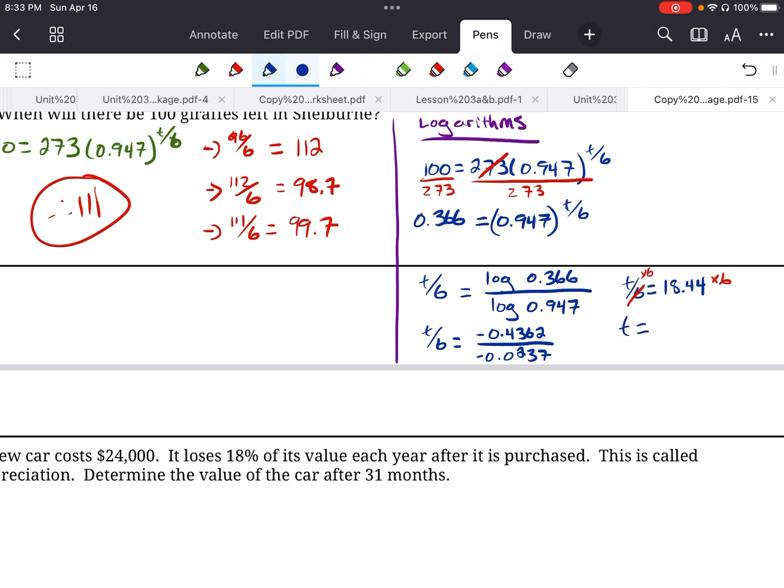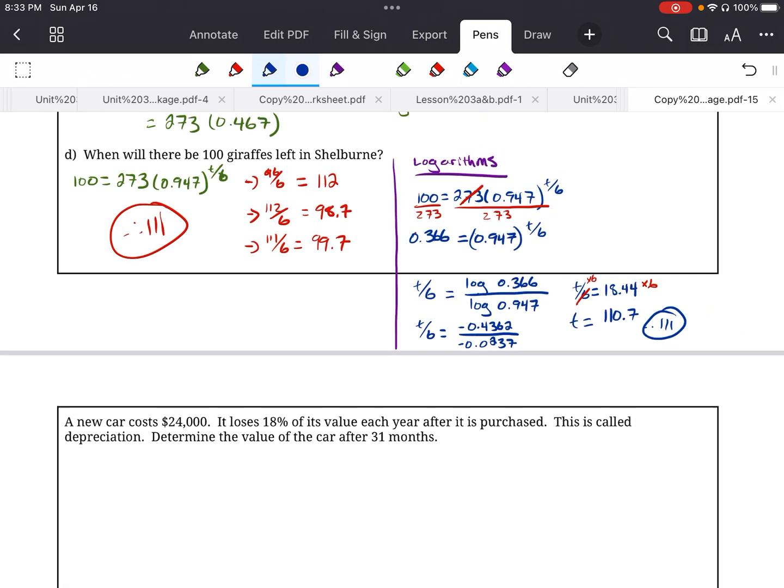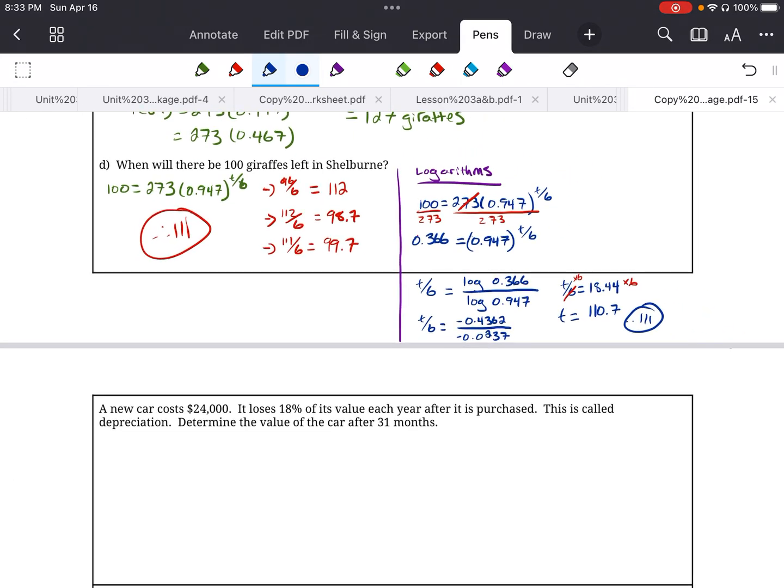And t equals 110.7, which is roughly 111. Okay, so they get roughly the same answers. One, trial and error takes a long time to do. Logarithms, you don't have to write all these steps down. You just know you're doing the log of the constant number, so the number that's by itself, divided by the log of the base.